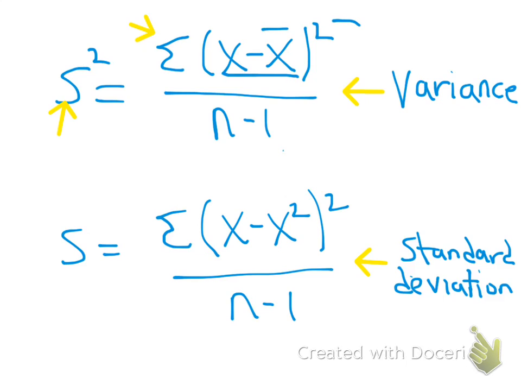That's what this squared sign is right there. So you take an individual score, subtract the sample mean, and square that.